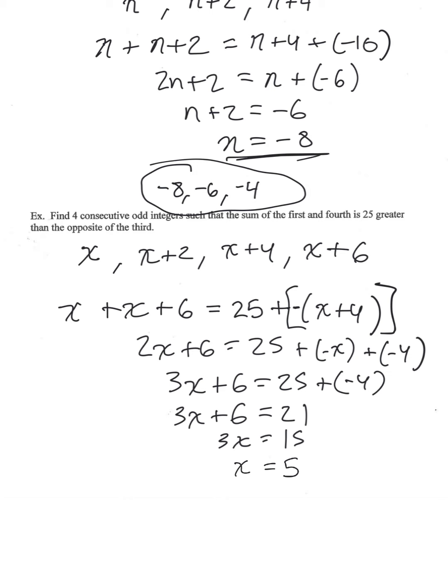And so if I need to know those 4 consecutive odd integers, I can now determine, okay, 5 is the first one, 7, 9, and 11. There we go. All right, so we got our consecutive odd integers.